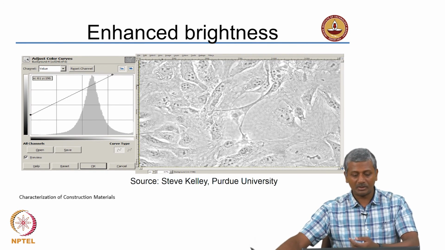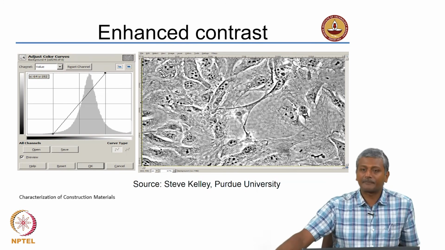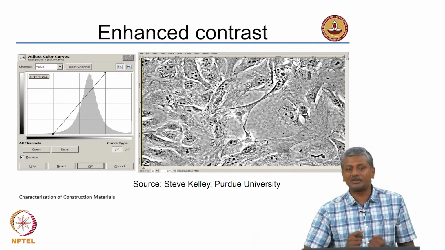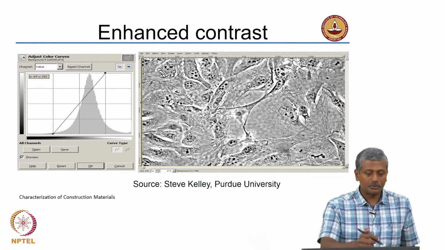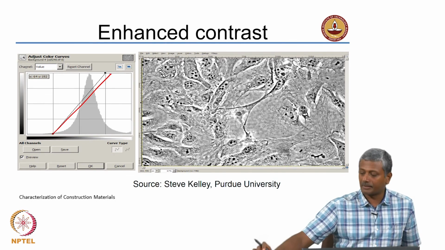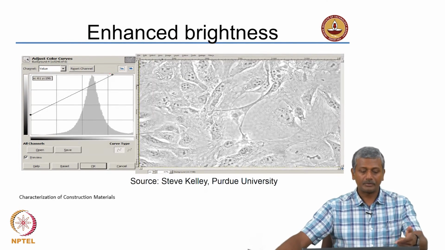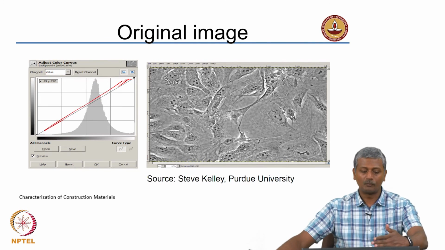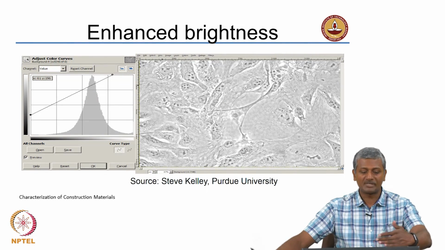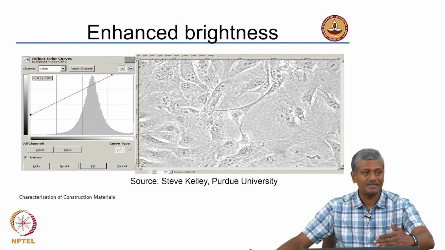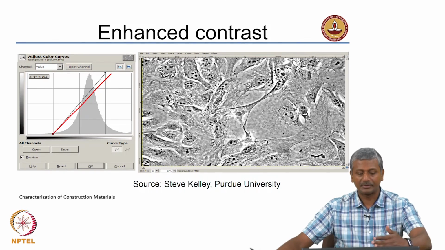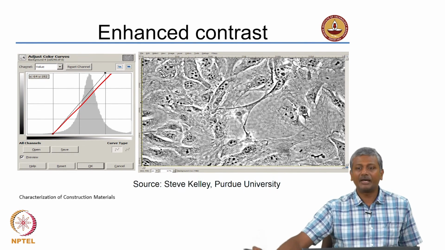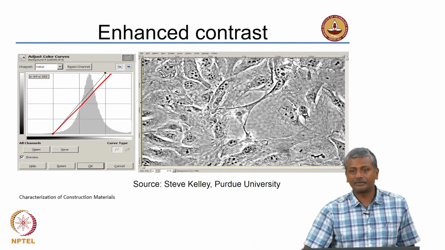But with the same image, if you increase contrast, you are increasing the distance between the whitest and the blackest spots. So, all you are doing is increasing the slope of this line. In the first case the slope was not too steep, in the second case the slope is the same, but you are simply raising the gray levels of each and every point. In the third case you are changing the slope to enhance the dark and the white.